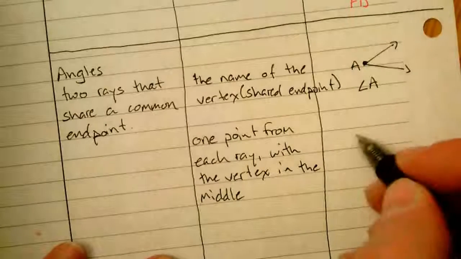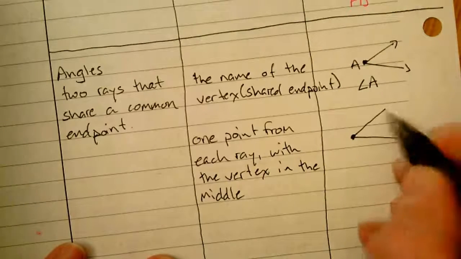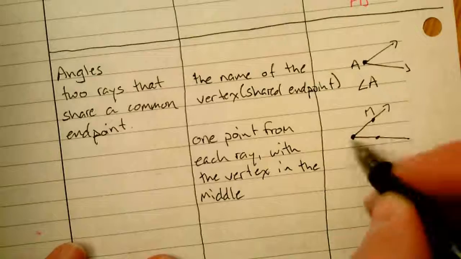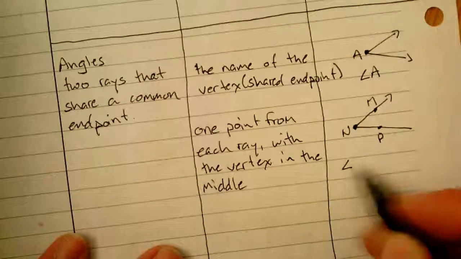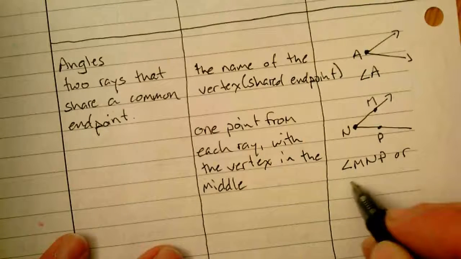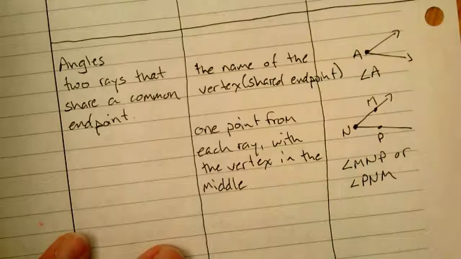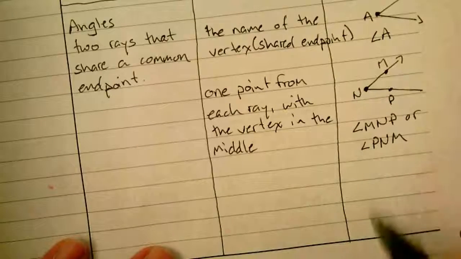So this, for example, we could call angle MNP or angle PNM. Order doesn't matter, as long as the vertex is in the middle.